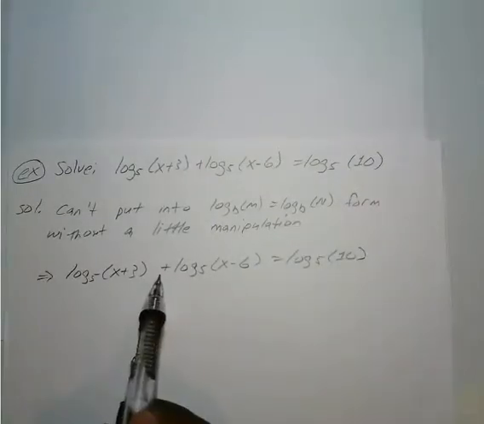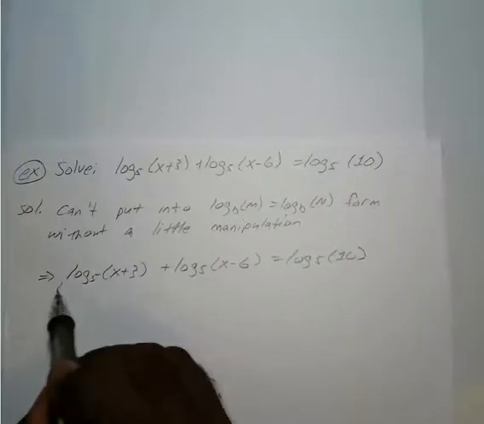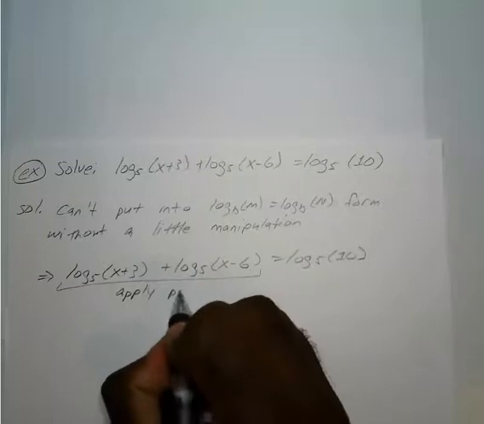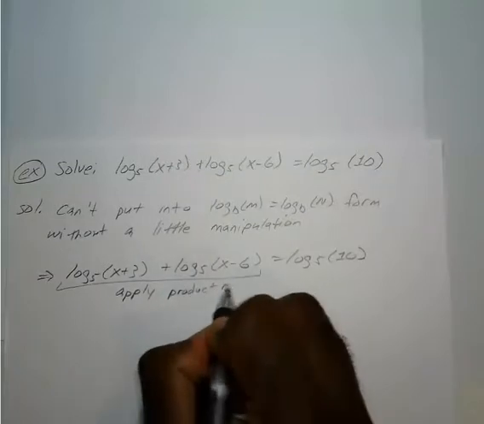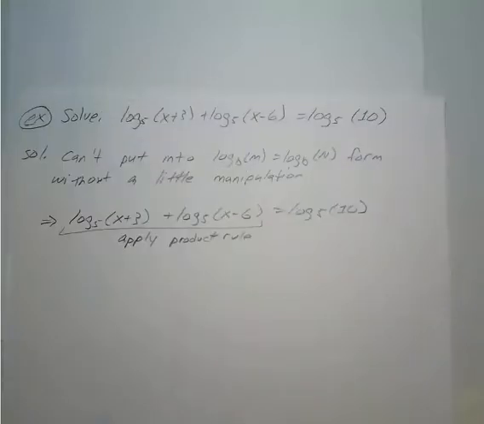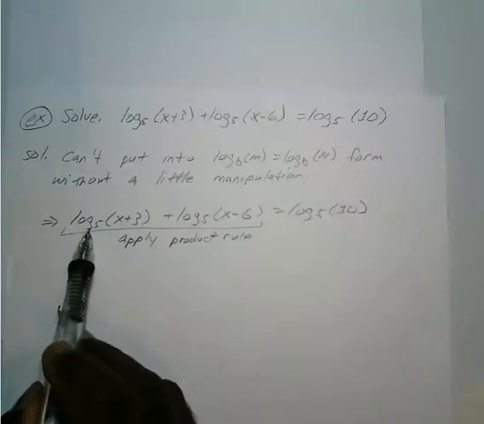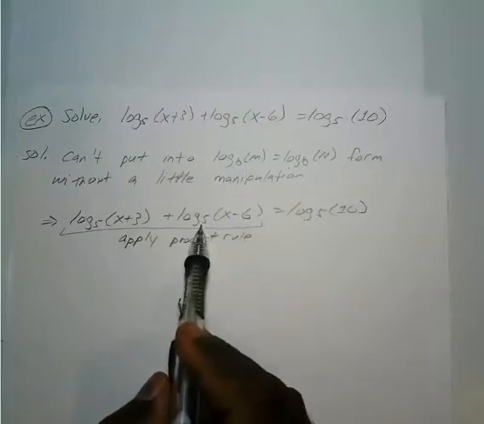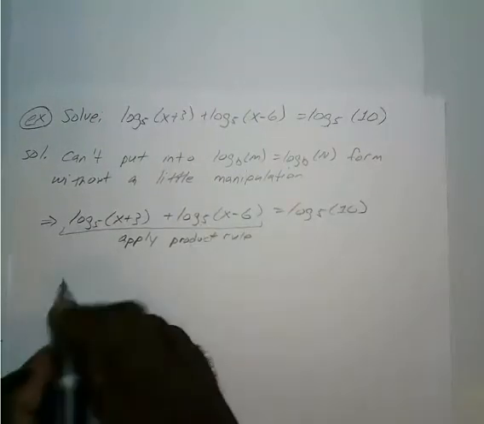That plus sign means you can use the product rule. So if we apply the product rule of logarithms, you have log base 5 of x plus 3 plus log base 5 of x minus 6.